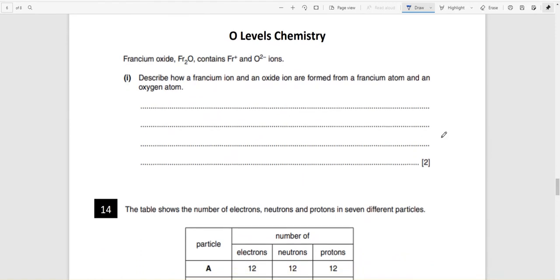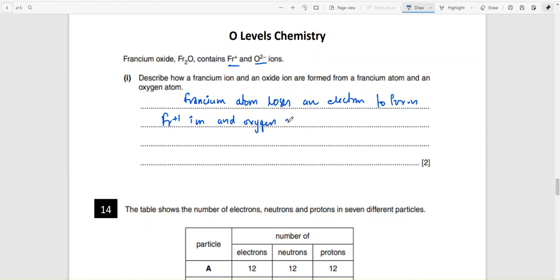Describe how a francium ion and an oxide ion are formed from a francium atom and an oxygen atom. Francium is +1, oxygen is -2. So you can say that the francium atom loses an electron to form the Fr+ ion, and the oxygen atom gains electrons.